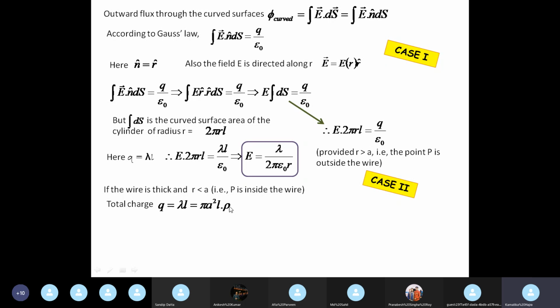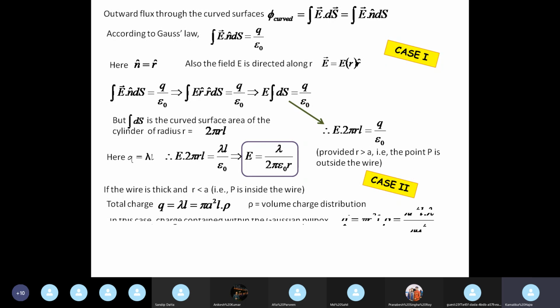So pi a square L into rho, where rho is the volume charge density. In this case, the charge contained within the Gaussian pillbox we write as Q prime, because remember, P is inside the wire, so the entire wire is not contributing to the charge. The new charge enclosed by the Gaussian surface is pi r square L into rho.